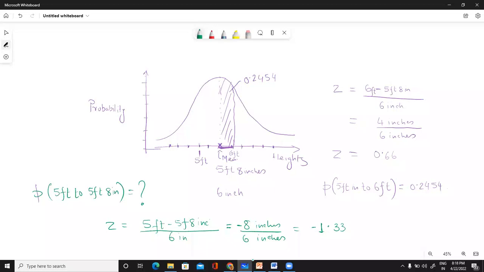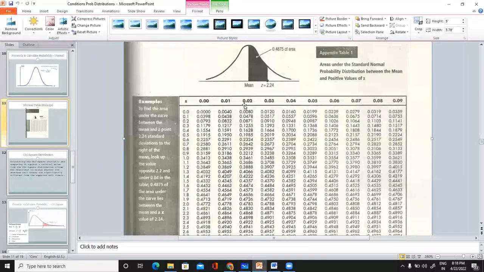So what is the area under the curve between 5 feet to 5 feet 8 inches? What is this area shaded in green? Again, we will look at the Z value. Remember that the graph is symmetrical with respect to the mean. So the area for a given Z value to the right will be the same as for the given Z value to the left.